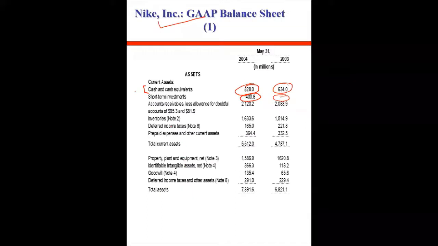Then accounts receivable less allowance for doubtful accounts of this amount in 2 years respectively. So we have to see that out of the account receivable, you probably can recall the trade receivables.